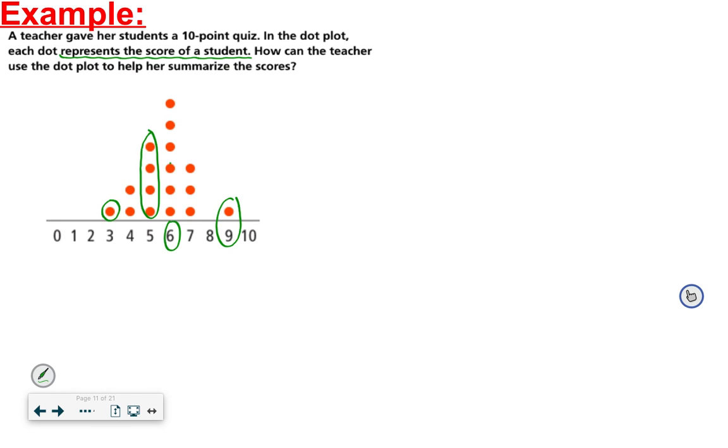So first we can understand how many students took this quiz. As you see here, if you count all the dots, 1, 2, 3, up to 16, 17 students took this quiz.